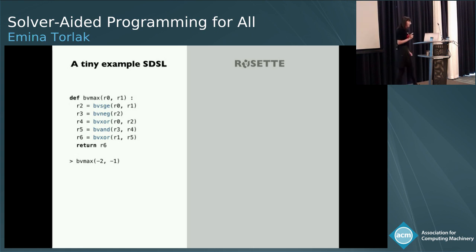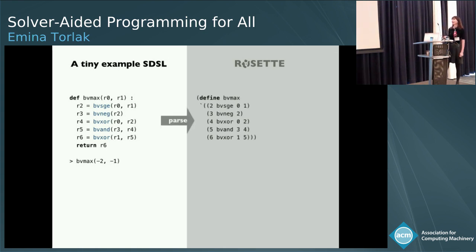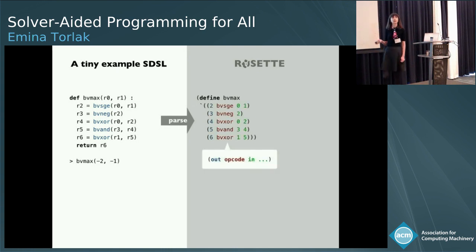So the first thing that we're going to do is we are going to parse this program into a form that is nicer. It has more parentheses. But essentially, we're going to represent a program as a list of lists. And each list represents a single instruction.